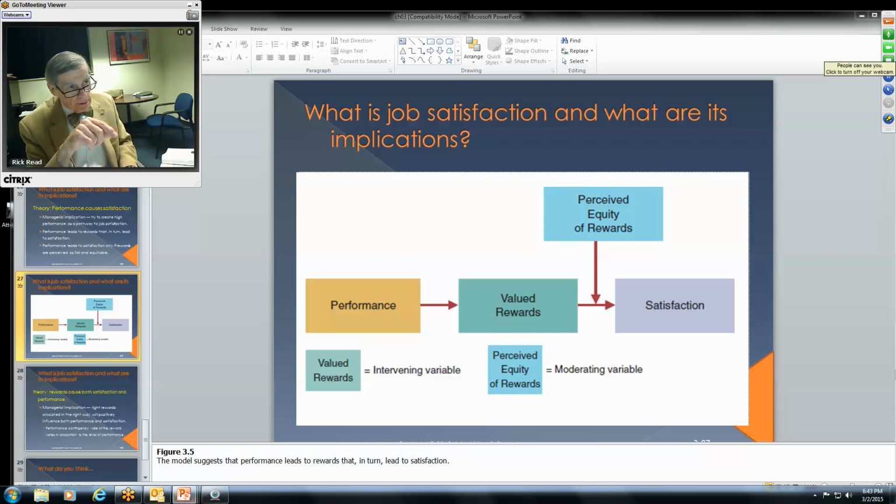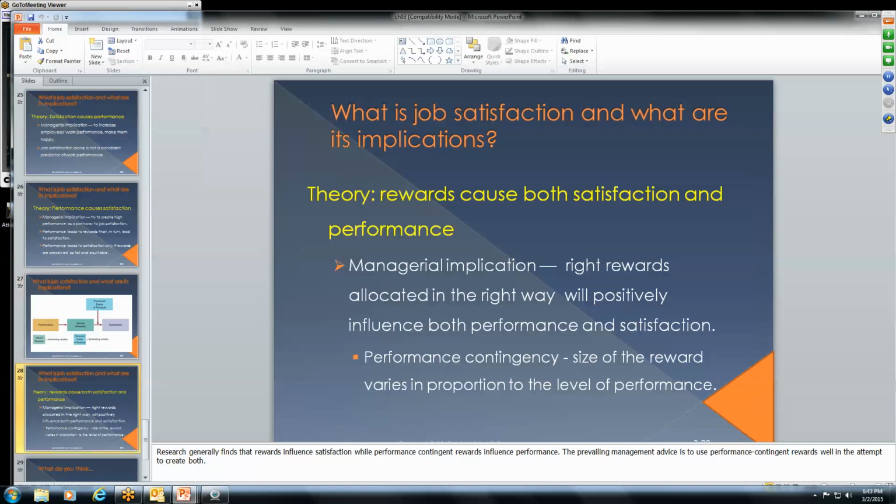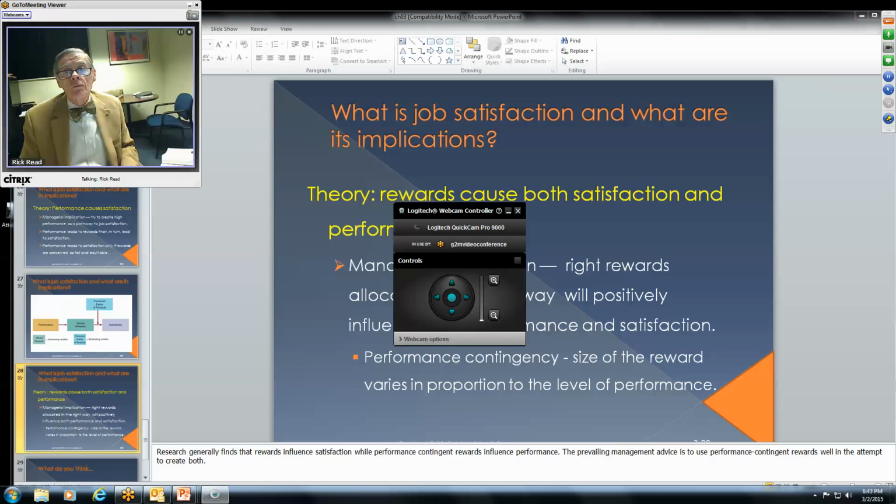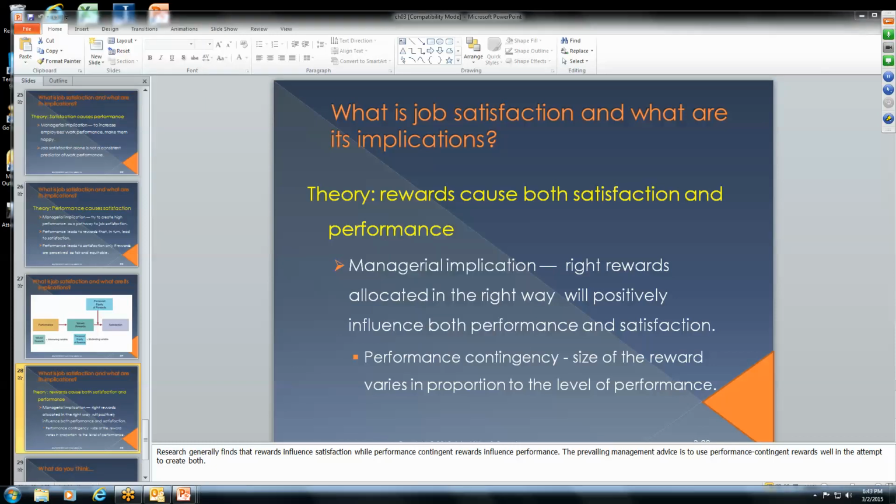And then here's the last. Rewards cause both satisfaction and performance. So if that's true, then we need to make sure that we have the right rewards, that they're allocated the correct way. And if we do that, it's going to improve both performance and satisfaction.